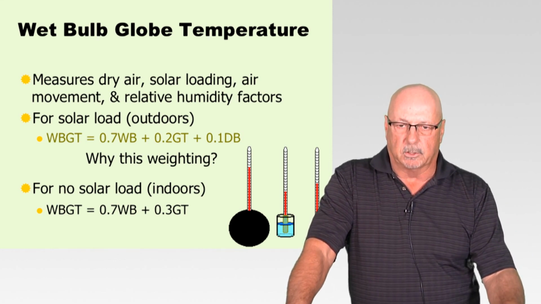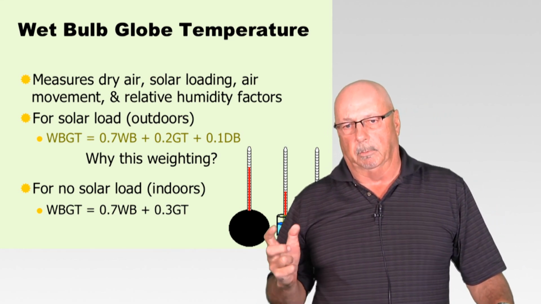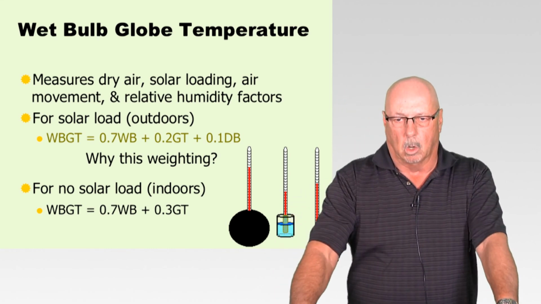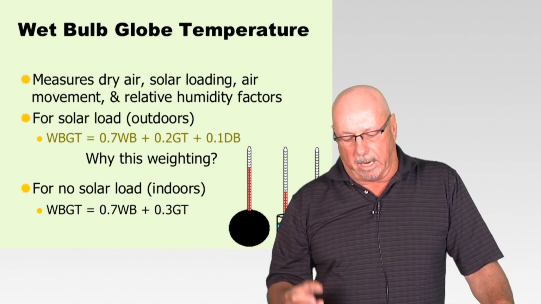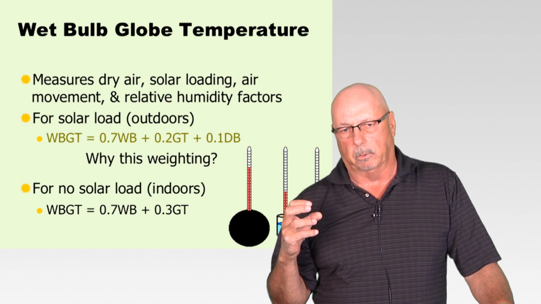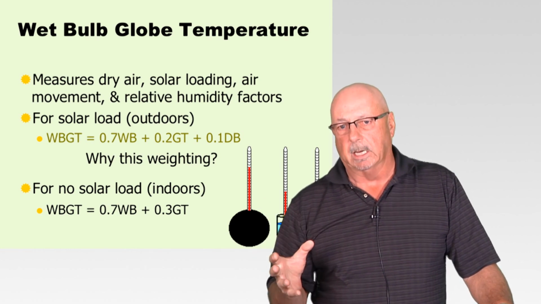And then finally, in the center thermometer, you can see the bulb of that thermometer is submerged in a liquid. It's usually just distilled water, and there's a wick on the bottom of that. That wick extends up, and what this thermometer is going to factor in is your airspeed and humidity.